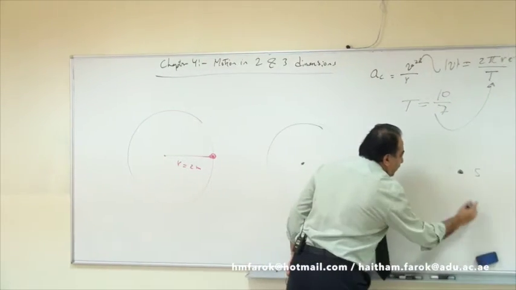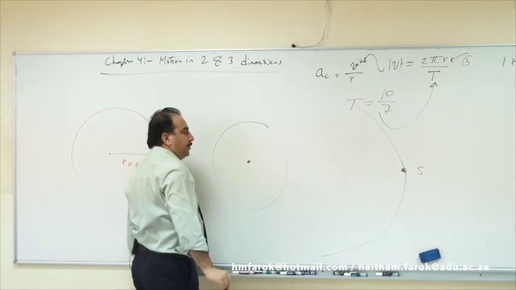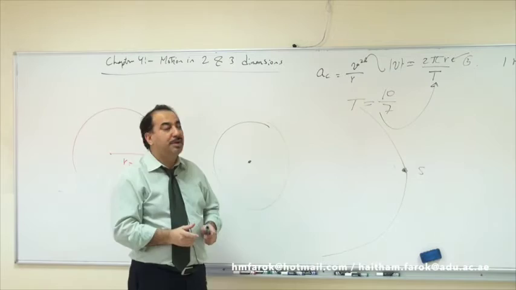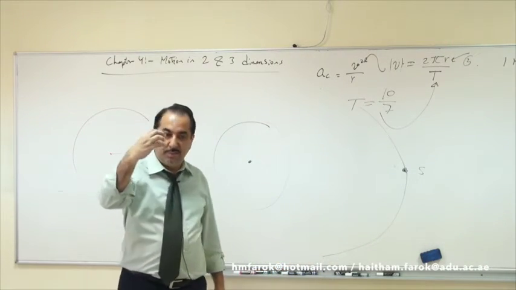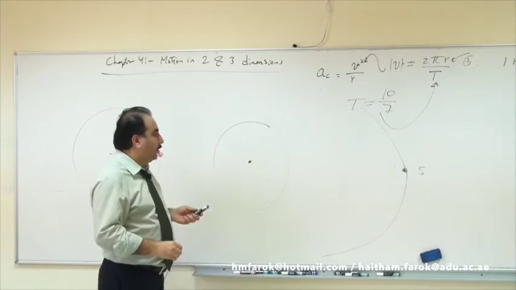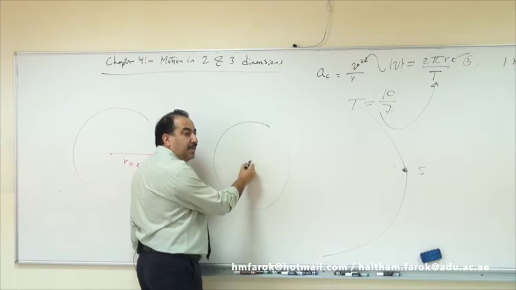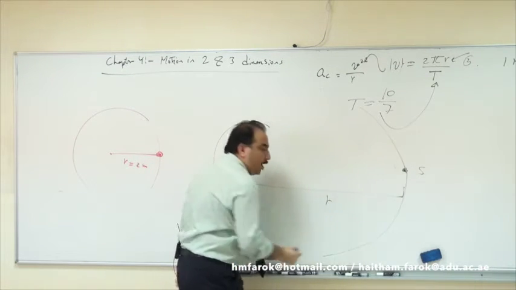Now the satellite goes in circular motion around Earth. Now in circular motion, what do you need? You need radius, yeah? Radius means from the object to the center of the circle. The center of Earth is the center of the circle, from here to there. This is R, okay?